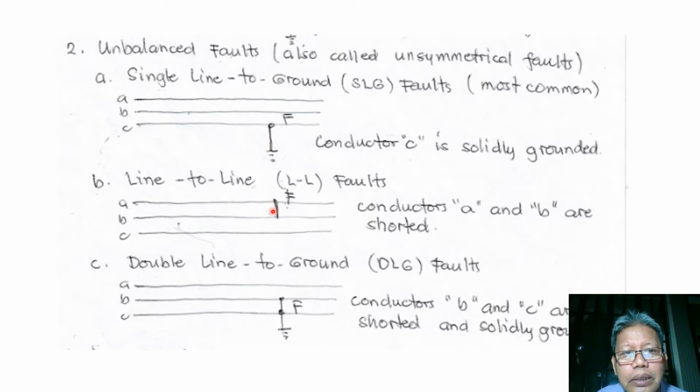Another type of unbalanced fault is the line-to-line fault, where two conductors are shorted, such as conductor A and B, at the faulted point F. Then we have the double line-to-ground fault, where two conductors are shorted and also grounded. So we have this case.